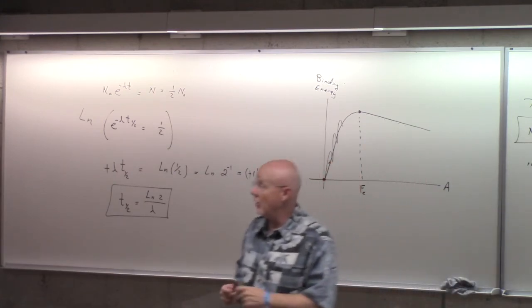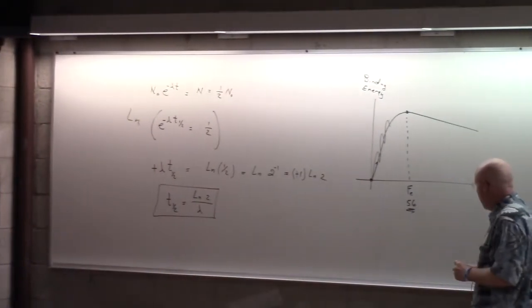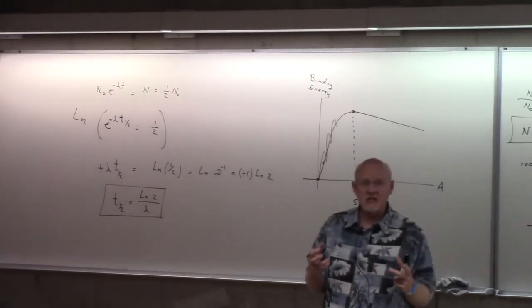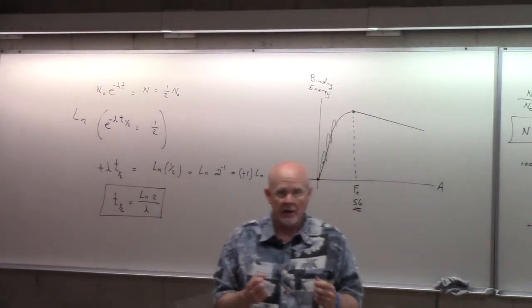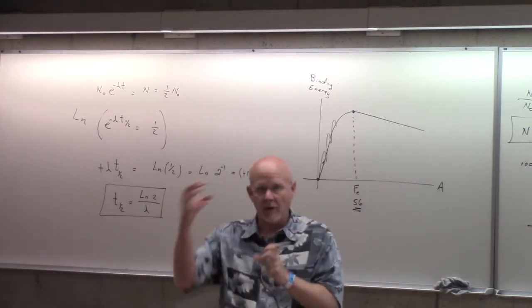And so iron over here on this periodic table has an atomic number of 56. And so we like to say, from a science point of view, 56 is the most stable. This is the one where you start shoving in more of them.